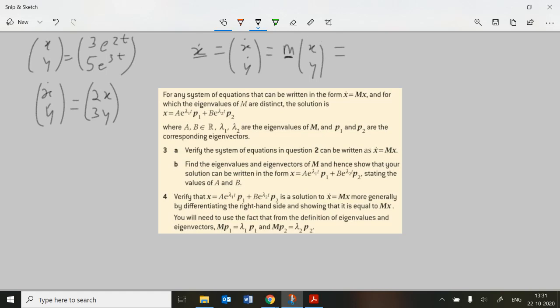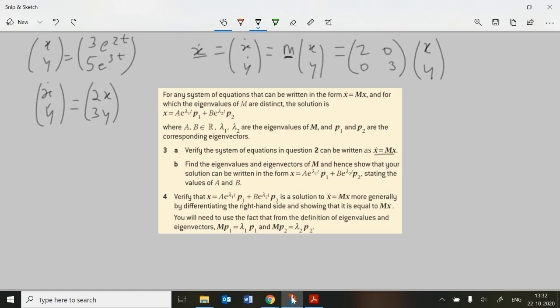So we need to say, well, what matrix is that? What's going to give us the 2x and the 3y when we apply that to x, y? Well, that's just going to be 2, 0, and 0, 3. This times by this gives us 2x, and this times by this added together gives us the 3y. Okay, so there we go. So the matrix is this thing here.